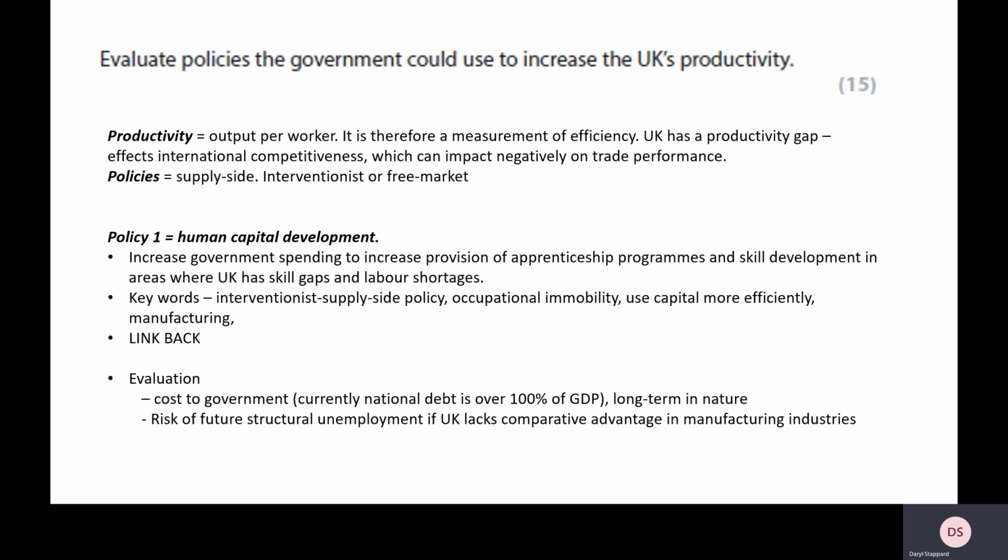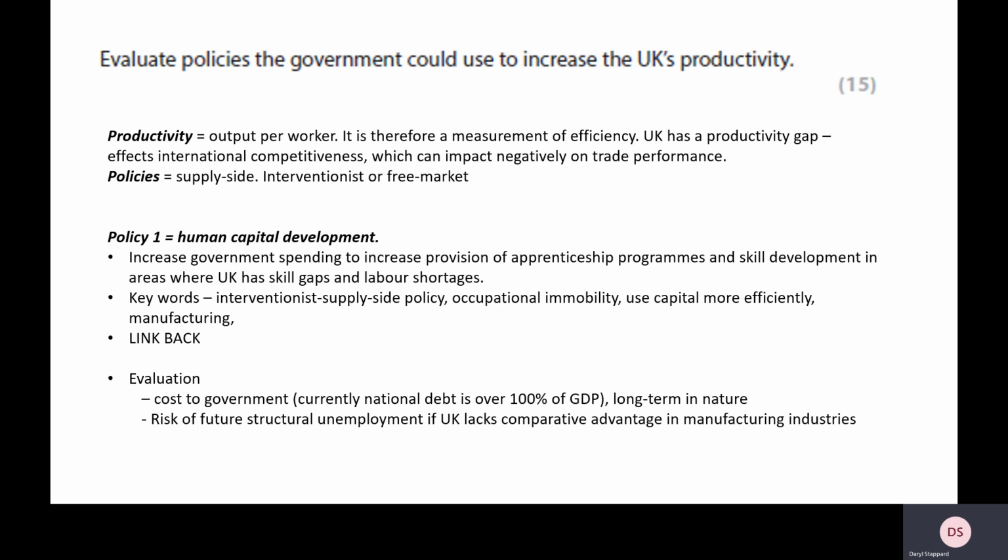I could say that human capital development could be an effective policy to improve UK productivity. I could then say that in manufacturing, the UK lacks international competitiveness. So if I was to increase government spending to improve access for young people to get hold of apprenticeship programs, then this would allow these workers to access better training and education, which would therefore upgrade the skills of these workers.